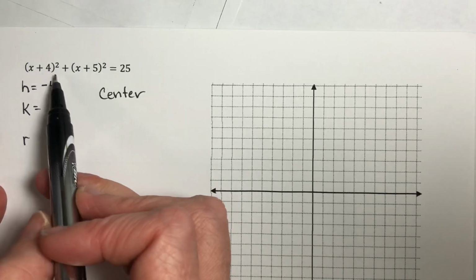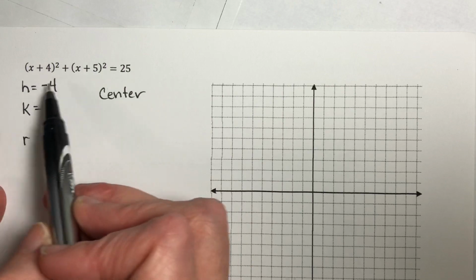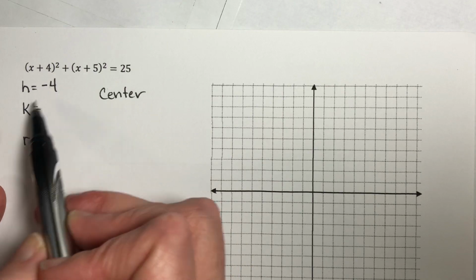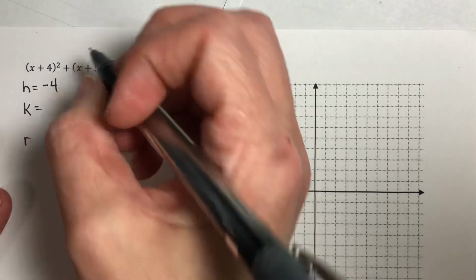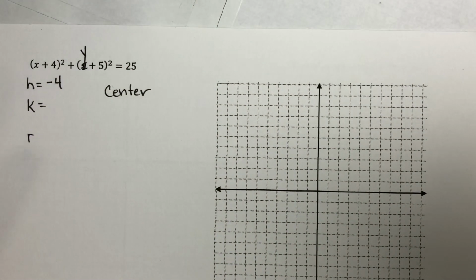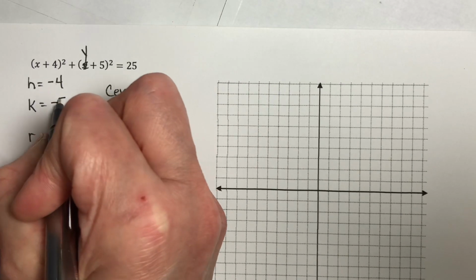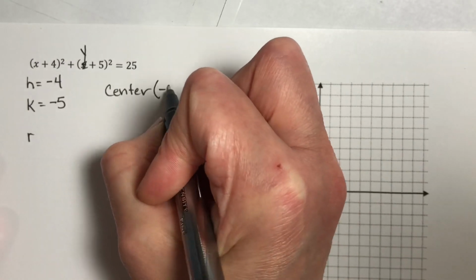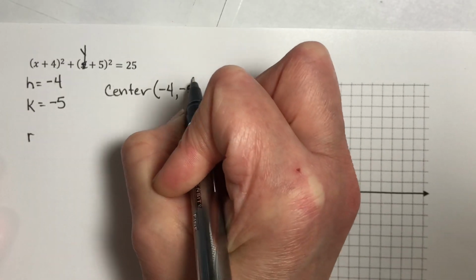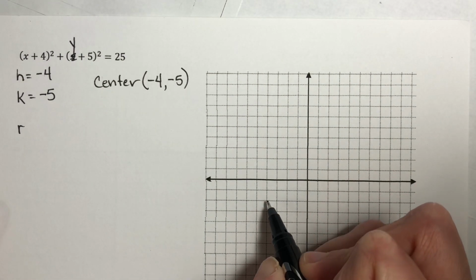You can also think of this as if we were doing horizontal shifts because it's kind of the same idea. Our k, oh, that's a typo. That should be a y right there. I will fix that on yours before you get to this section so you'll have a proper download. Okay, so our k value, this is plus 5, so this should be minus 5. The center here will be negative 4, negative 5.